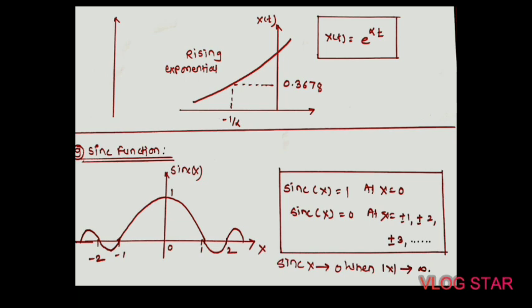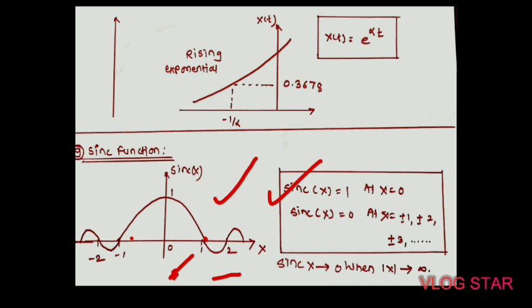The procedure of plotting the sinc function is explained in this equation: sinc of x is equal to 1 at x equal to 0, and sinc of x is 0 at x equal to plus 1, minus 1, plus 2, minus 2, plus 3, minus 3, up to plus infinity and minus infinity.